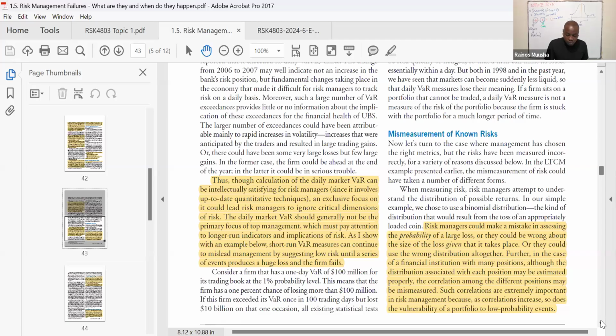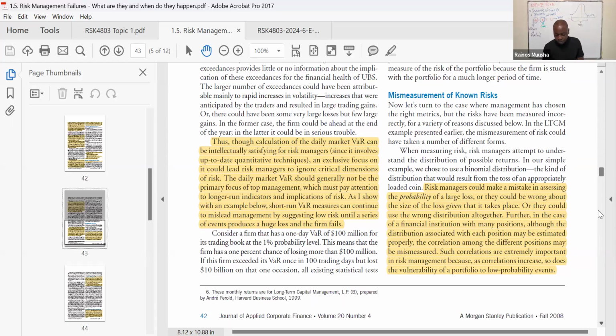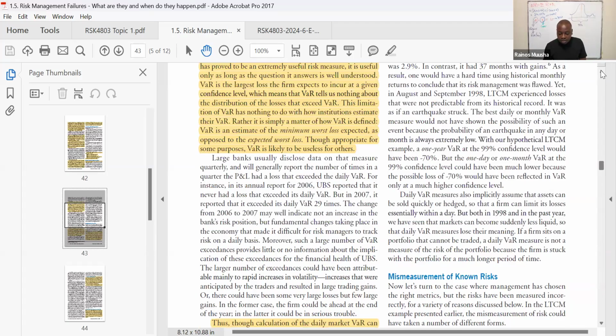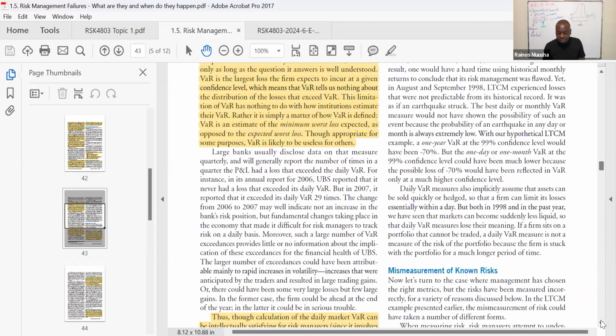As I show with an example below, short-run value at risk measures can continue to mislead management by suggesting low risk until a series of events produces huge losses and the firm fails as well. So the main thing there is that sometimes when we use the wrong risk metric, this is where we can attribute a risk management failure.